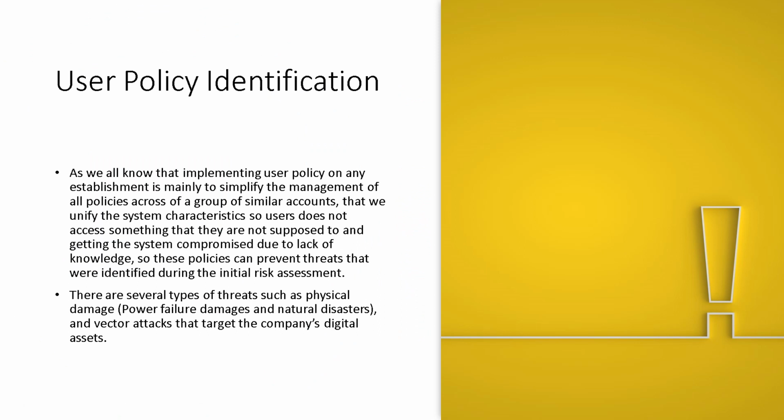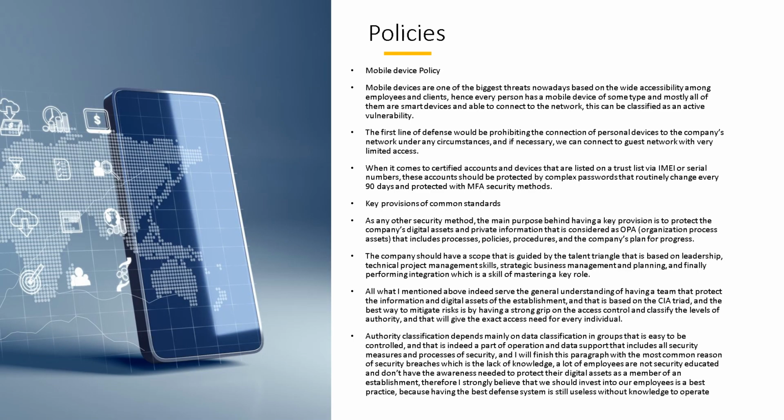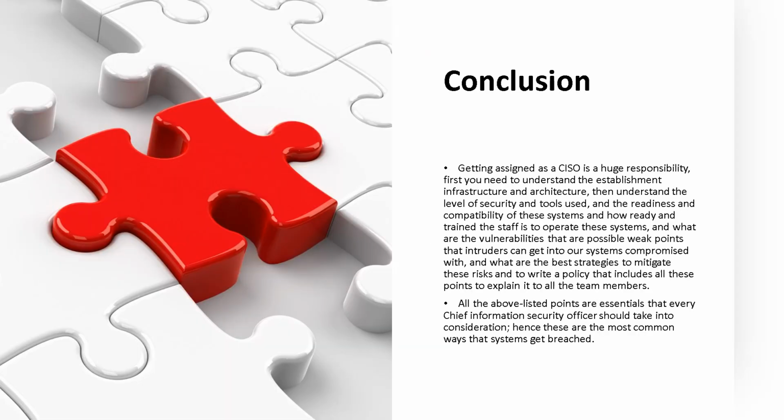The next slides will reflect what I just mentioned about the user policy identification, policies of employee onboarding, offboarding, social media policy, insider threats in case we have an insider, and of course the mobile device policy, which is the biggest threat nowadays, and the key provisions of common standards, which stands for all the authority classification, depending mainly on data classification in groups. That means we can classify the data and who can access what to have better security layers.